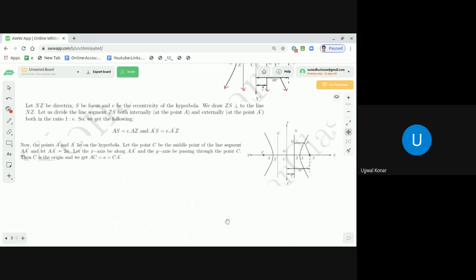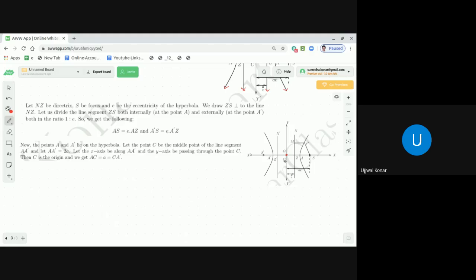Okay, dear students. So I repeat what I just placed here. The points A and A dash lie on the hyperbola. Let the point C be the midpoint of the line segment AA dash, and we are taking AA dash equal to 2a.